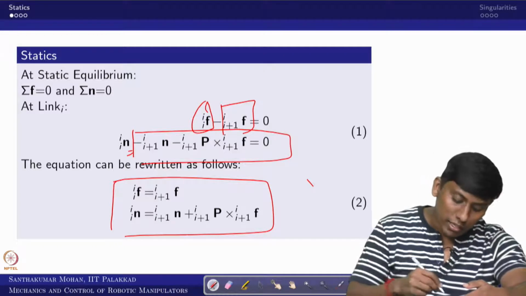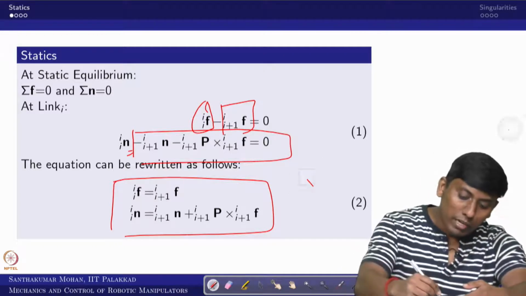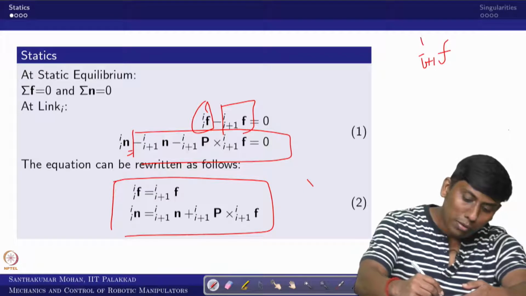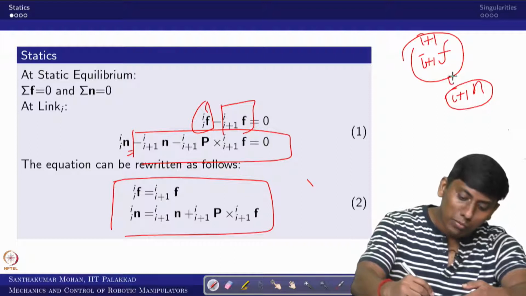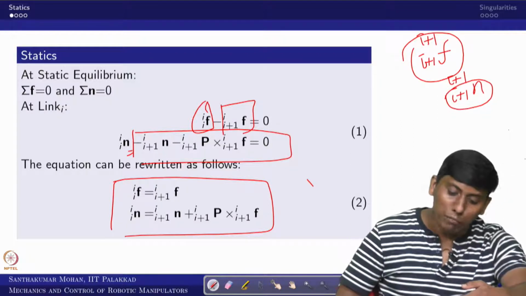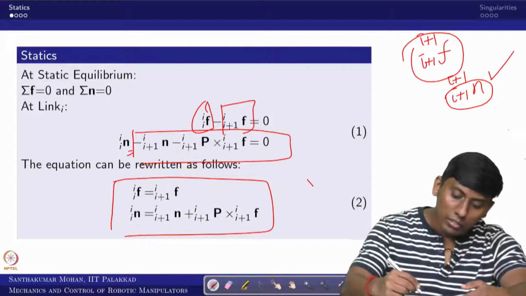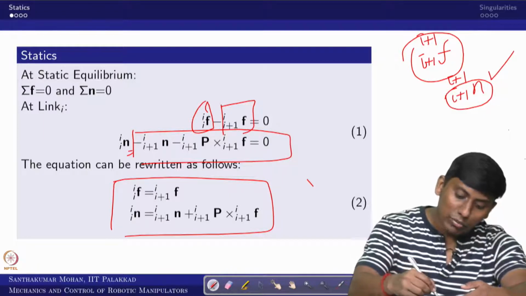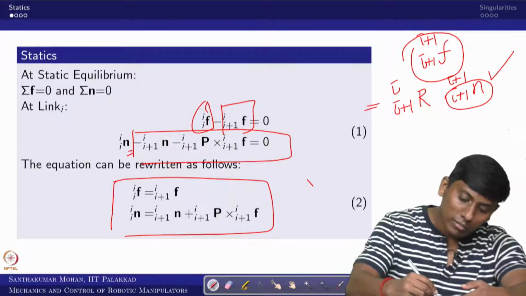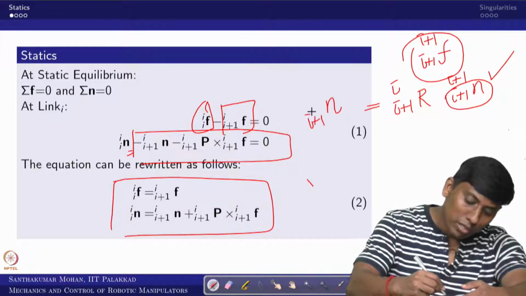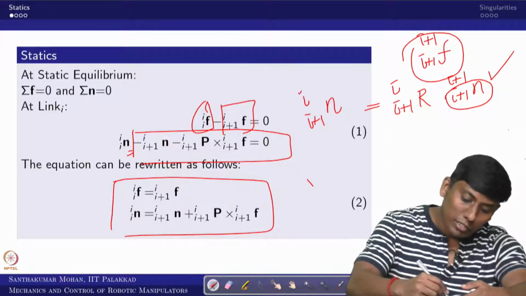So these are the two equations, but as I said, the I plus 1 to I plus 1 force, and similarly the I plus 1 angular moment with respect to the I plus 1 frame, is available. So I can multiply that with this matrix, and this gives the I plus 1th angular moment with respect to the ith frame.